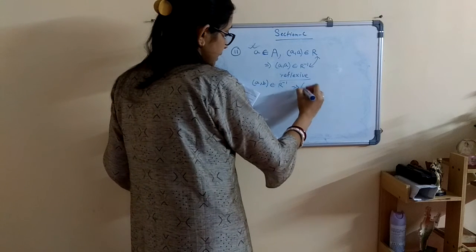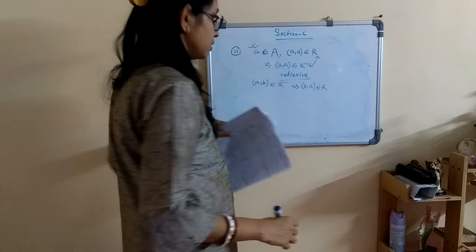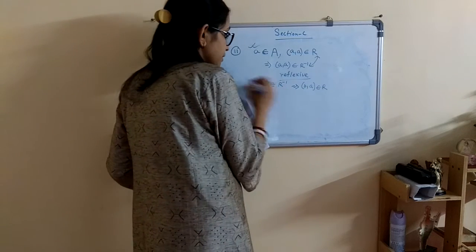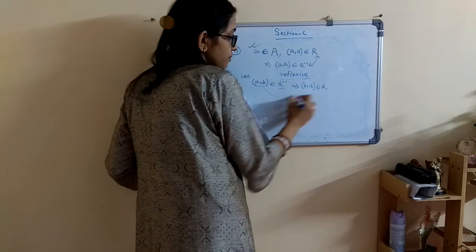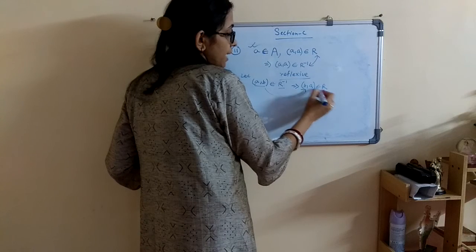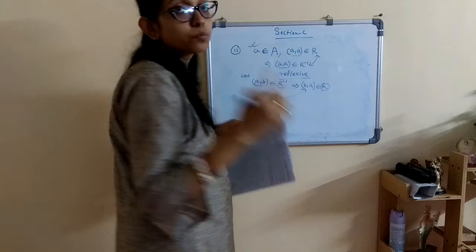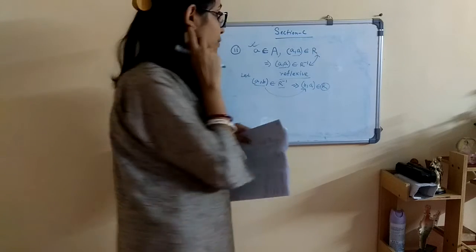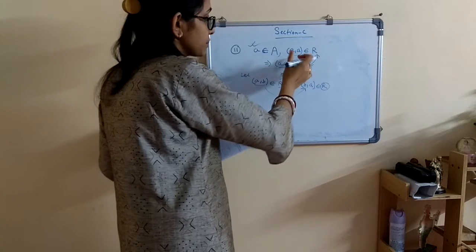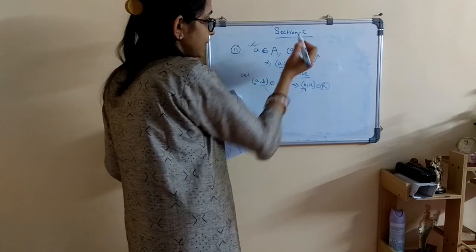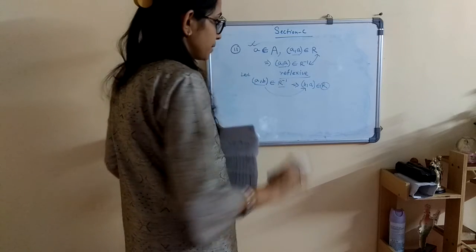From there we can say that (B, A) belongs to R. When we have considered the element (A, B) in R inverse, then the inverse of that will be (B, A), which belongs to R. R and R inverse, it is actually changing the position of the first element and second element.